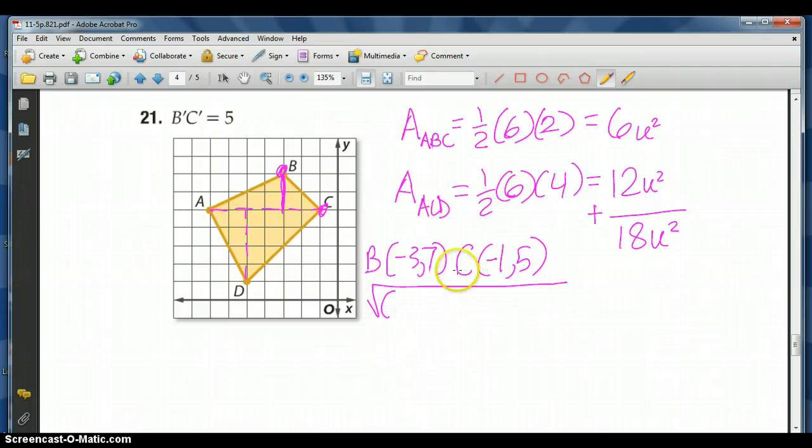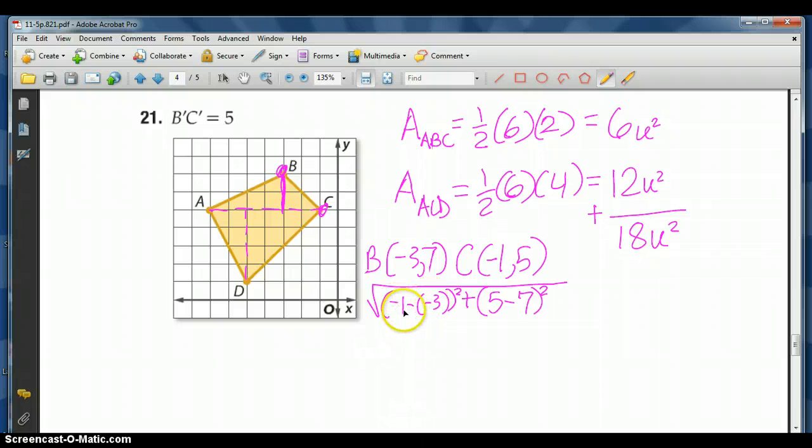I'm going to take x2 minus x1 and take that quantity squared plus y2 minus y1, and then take that quantity squared. And then from there I'm going to simplify.